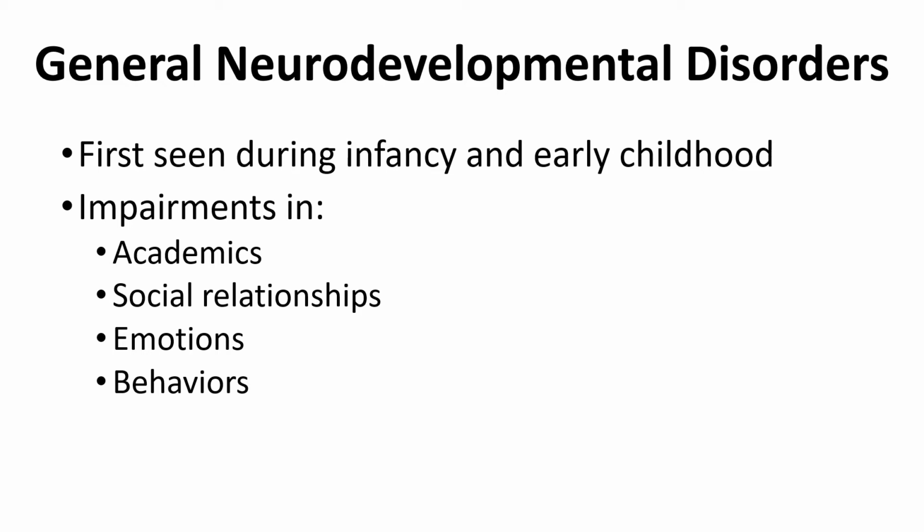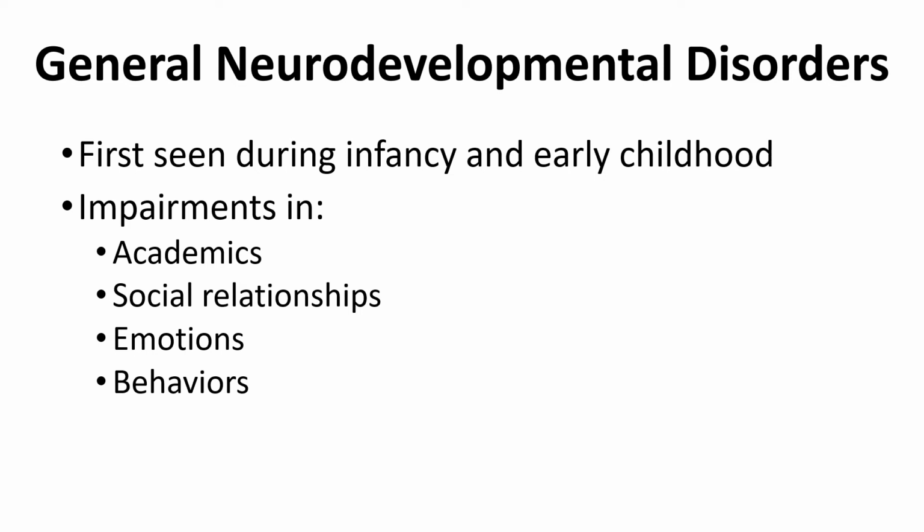Because of all of these different symptoms, children are often slower to reach developmental milestones, especially those related to speech and language, motor skills, and learning. They might even have issues with retaining information.